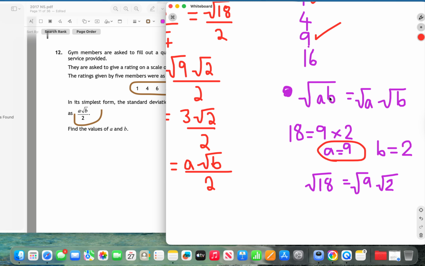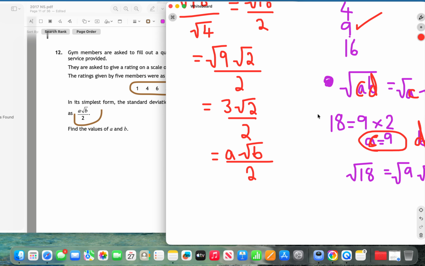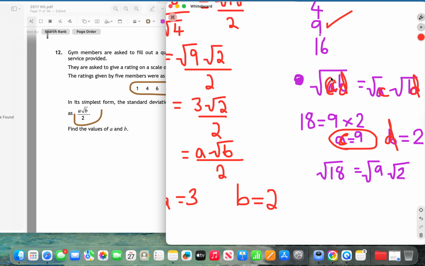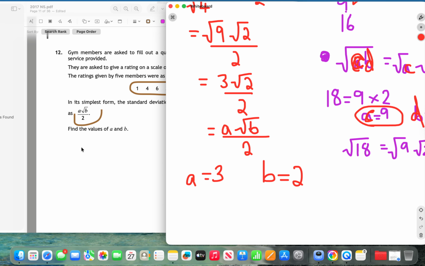If you change the A and the B in the purple to C and D, that was just an unlucky mess up. So change the A and the B to C and D, and the same idea happens. So if you make A equals 3 and B is equal to 2, and make them C and D, I've just noticed that I picked bad letters. And that's us finished the question.